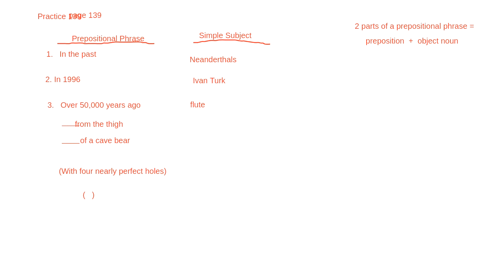So number 8, we circle people. People is the simple subject. And then the prepositional phrases: without a common language. Without a common language. And also with musical sounds.